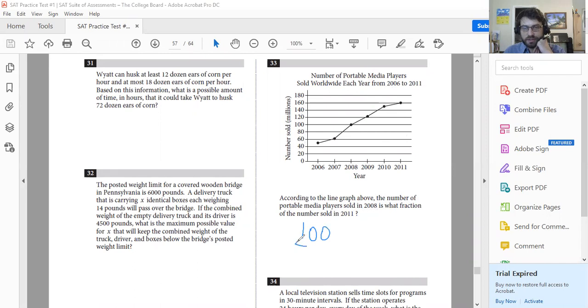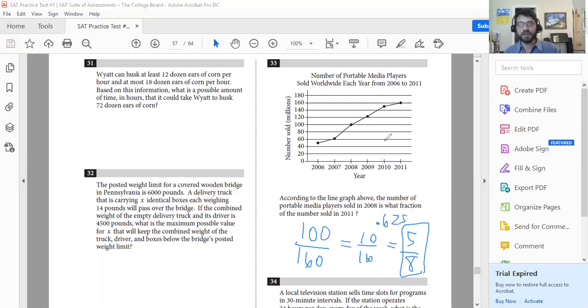We have 160 million. 10 over 16 will be 5 over 8, or 0.625. If you did it in the calculator, each one is acceptable. 5 divided by 8 or 0.625.